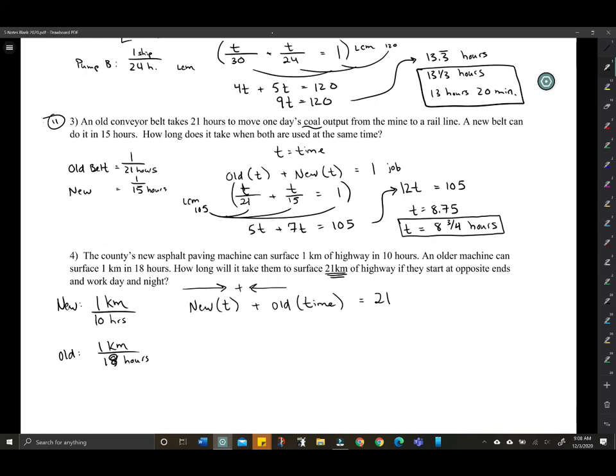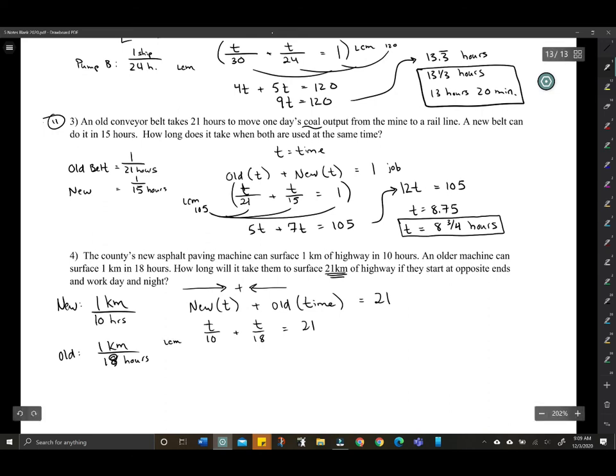So again, our rates are going to be T over 10 plus T over 18 equals 21. 10 and 18, least common multiple of both of those, comes out to be math num 8. 90. So least common multiple is 90. Going to multiply that to all three.